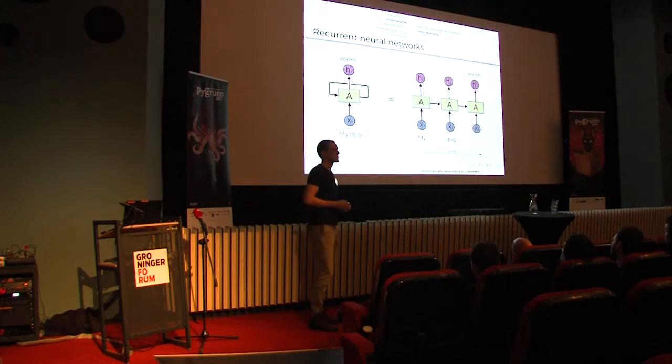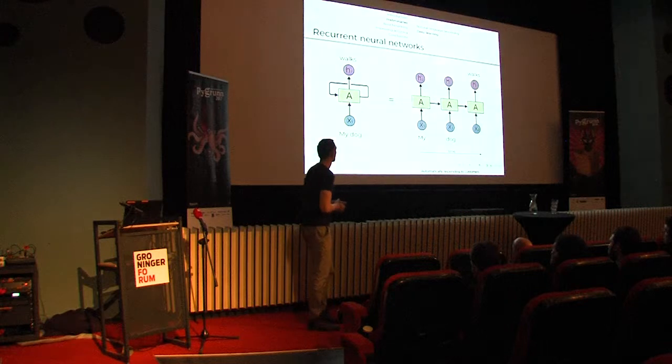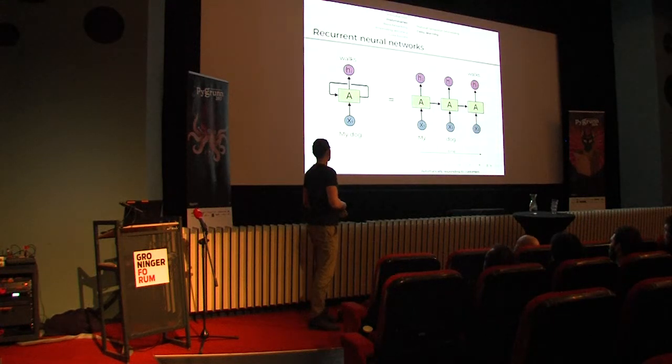So they started to go to neural networks. And the basic model was the recurrent neural network. These are really good with sequential data, which is the thing we have. Let's say you have already processed "my dog", and the next word is "walks". Then they created a neural network where the data flows from one step to the next.